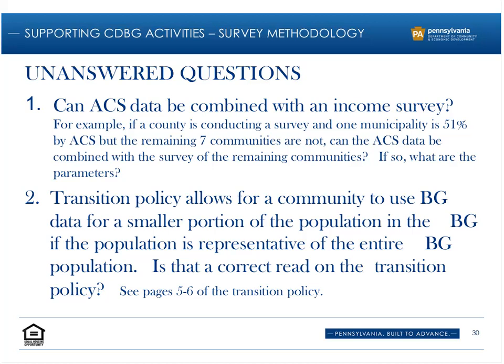What we're saying is we will allow that as long as there's nothing in those block groups or census tracts that would tell us that your smaller service area is not indicative of the rest of the population. So if you have any questions on that, I would say look at the transition policy, pages 5 and 6, to understand that particular piece. And if you still have questions, we're making sure that we've interpreted correctly that HUD is allowing that to be done.